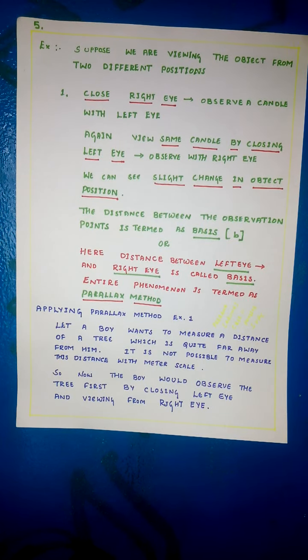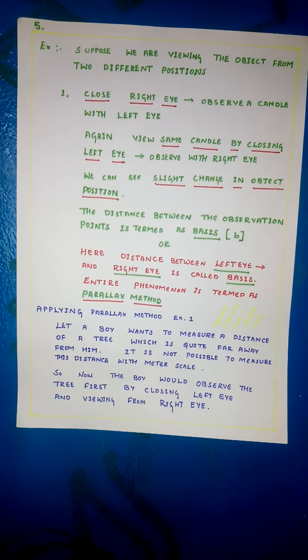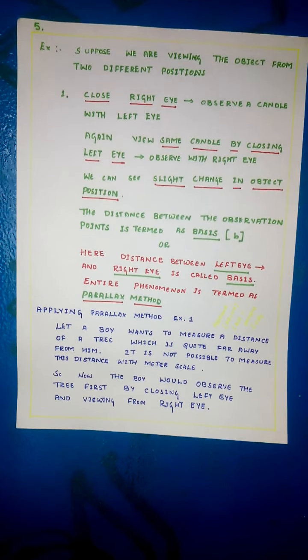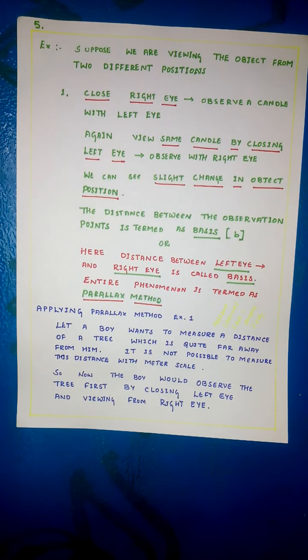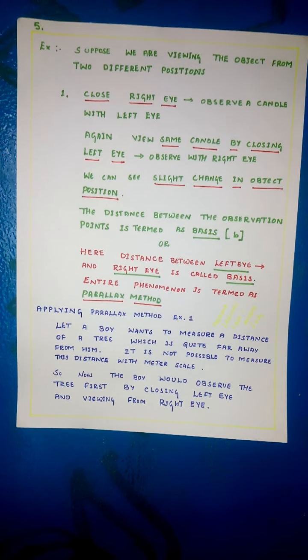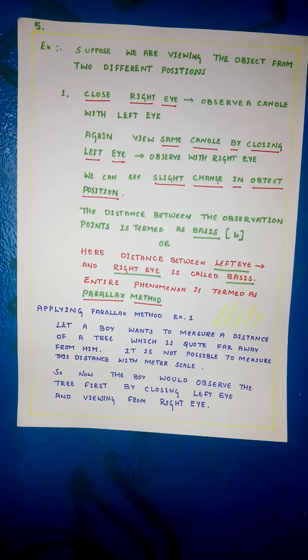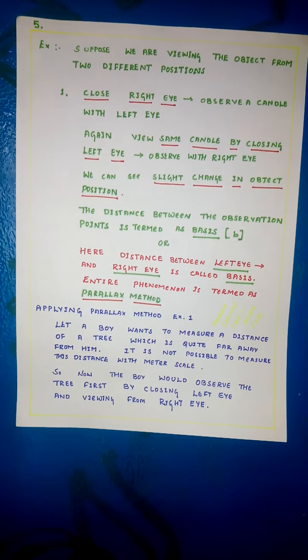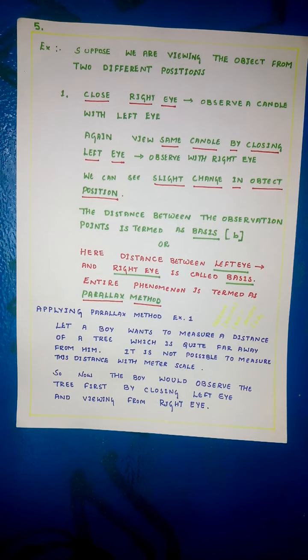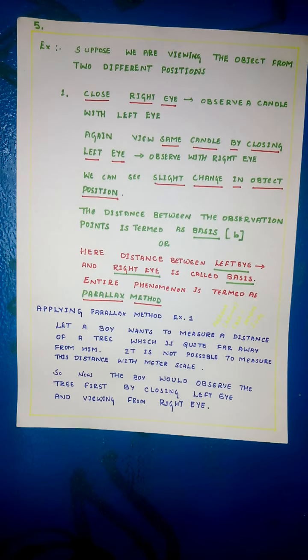First, close your right eye and observe a candle with the left eye. Again, view the same candle by closing the left eye and observing with the right eye. We can see a slight change in the object position. The distance between the observation points is termed the basis.